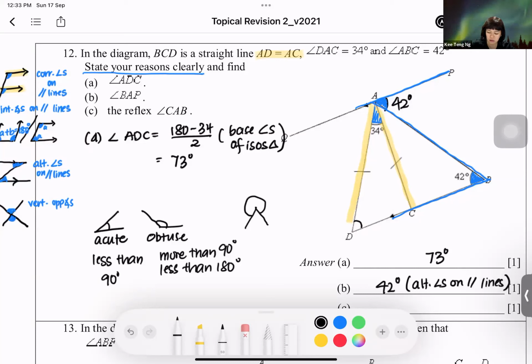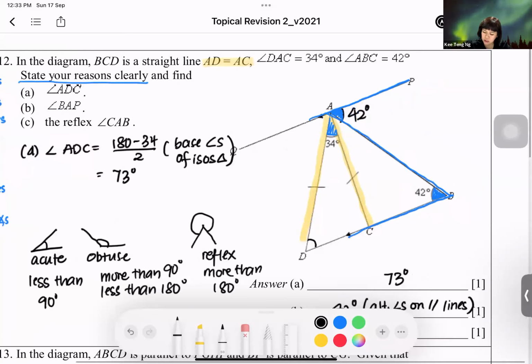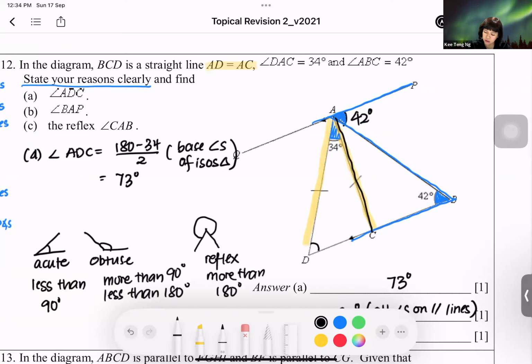A reflex angle is more than 180 degrees. So if I want the reflex angle CAB, it means I want this whole angle here.